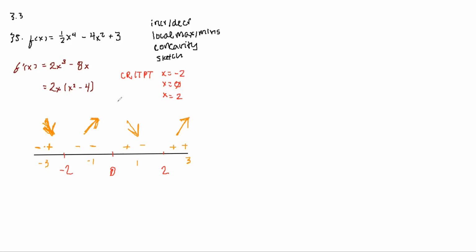So we can answer 2 of these questions up here now. What 2 are we going to be able to answer? Yep, okay, max and min. So where are our maxes and where are our mins?